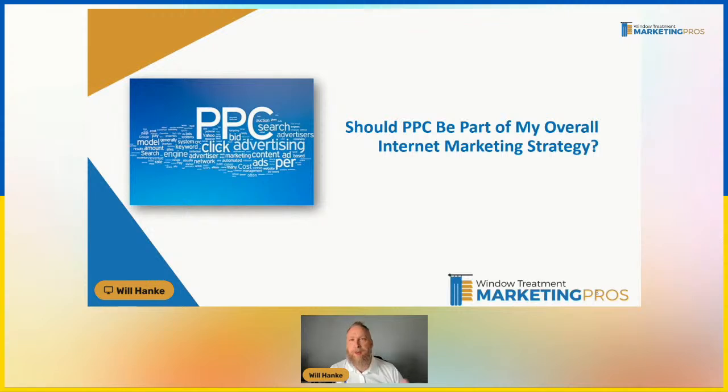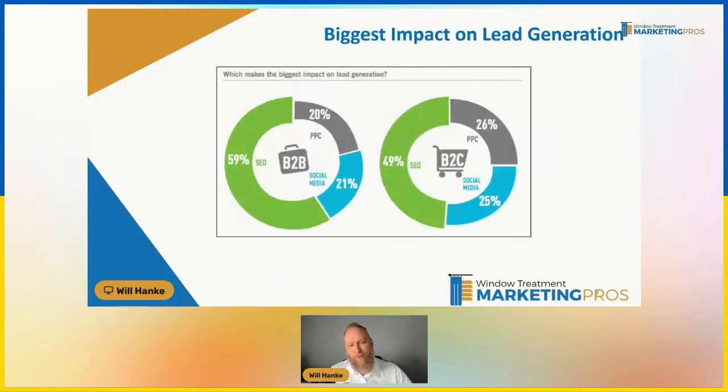So should pay-per-click be part of your overall internet marketing strategy? Well, yeah. Here's a recent study that was done. What makes the biggest impact on lead generation? We're looking mostly on the right here at the B2C, SEO being 50% of the impact.